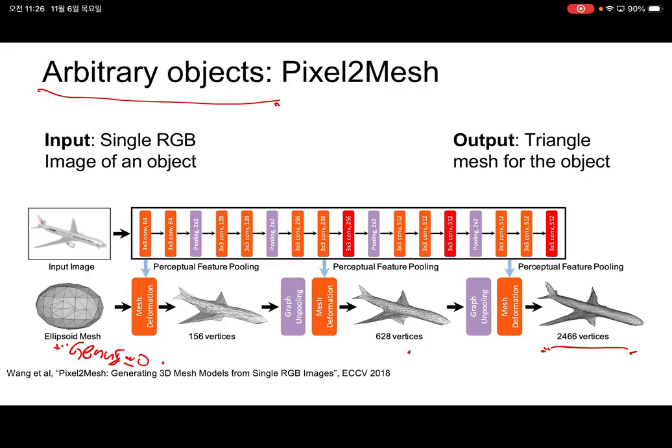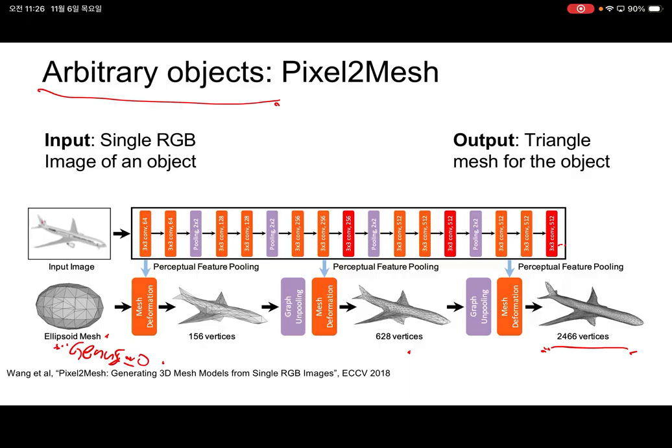So the student asks, how can the output of the neural network deform this given template mesh? So we can output a translation vector for each vertex, right? We have a predefined number of vertices, right?